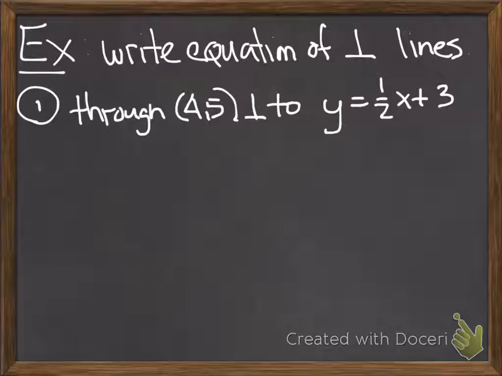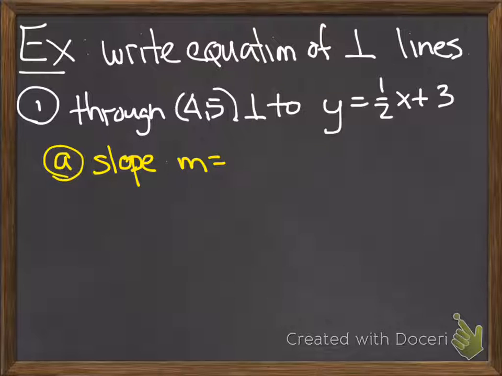Just like we did with parallels, we're now going to ask you to write the equation of perpendiculars. So we want to find the equation of the perpendicular line through (4, 5), perpendicular to y equals 1/2 x plus 3. Again, it's the same three steps. Number 1, we have to find the slope. Jay, what's the slope of y equals 1/2 x plus 3?